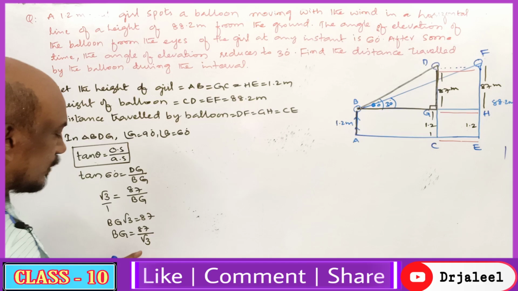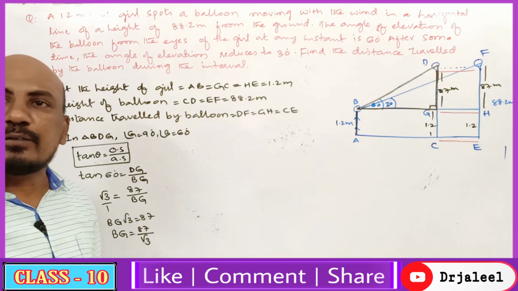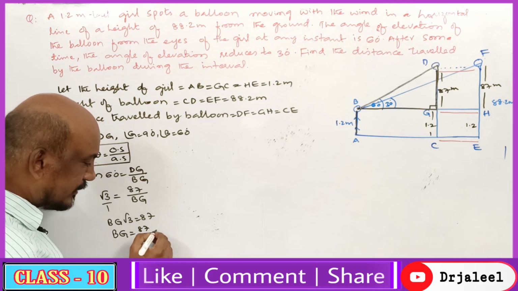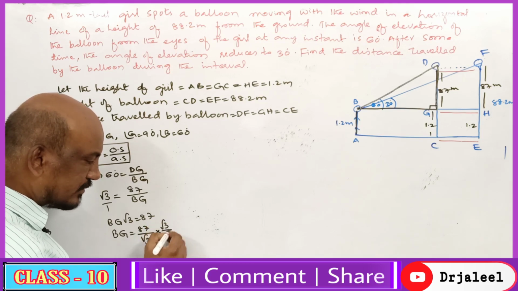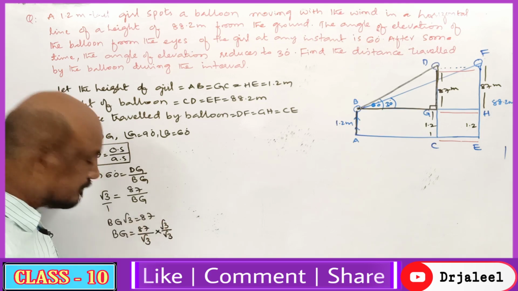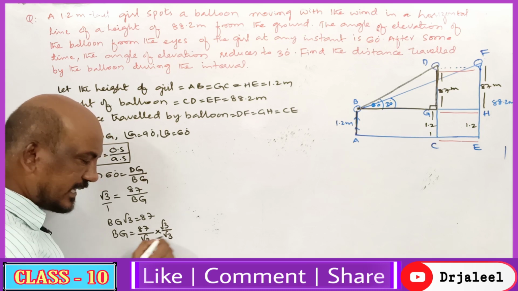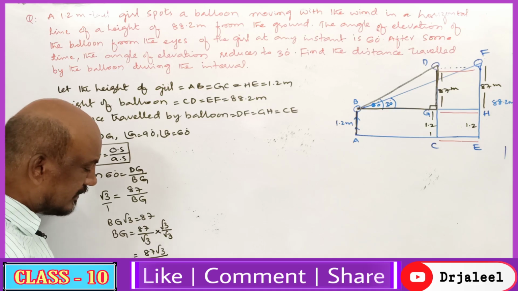Whenever you get root 3 in the denominator, what can we do? We can rationalize. Let us multiply with root 3 by root 3. Then you will get 87 root 3 in the numerator, and root 3 into root 3 in the denominator is going to be 3.